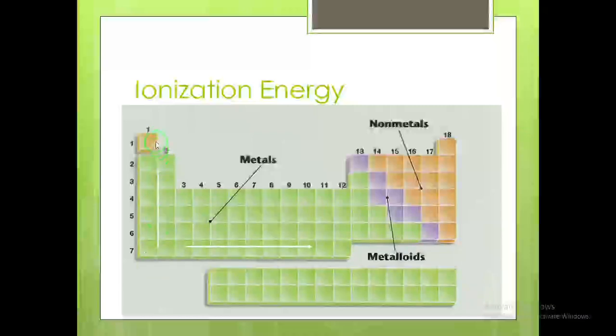So we know that lithium, which is small, has a high ionization energy because it has a very small atomic radius. But the ionization energy also increases across the period.